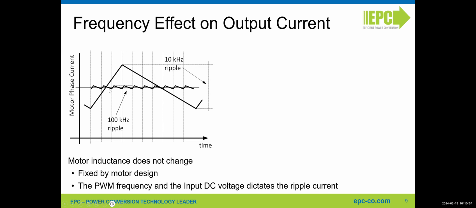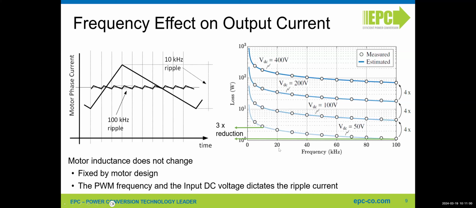Then if you look at the effect of this ripple in terms of losses in the windings, you can see that going from, let's say, 10 kilohertz in this example to 100 kilohertz at 50 volt DC, here we get a 3 times reduction of the ohmic losses in the copper windings.